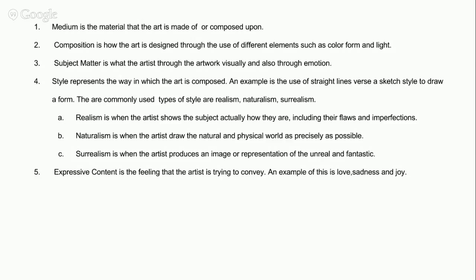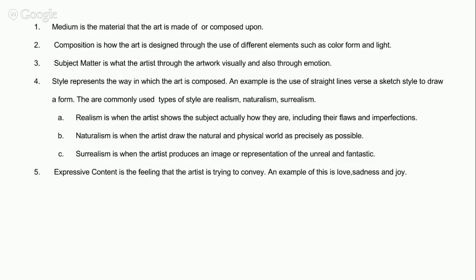A few of the major styles that we're going to touch on are realism, naturalism, and surrealism. Realism is when the artist shows it how it actually is, with all the flaws and imperfections. Naturalism is more or less when the artist is producing the art as precisely as possible to the real world.